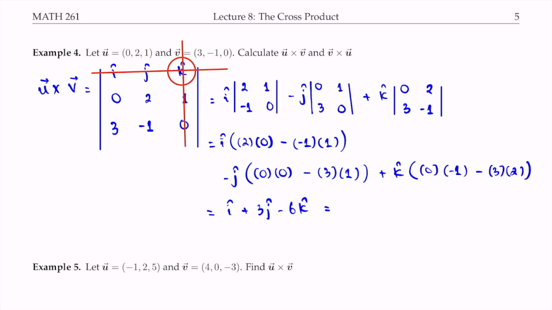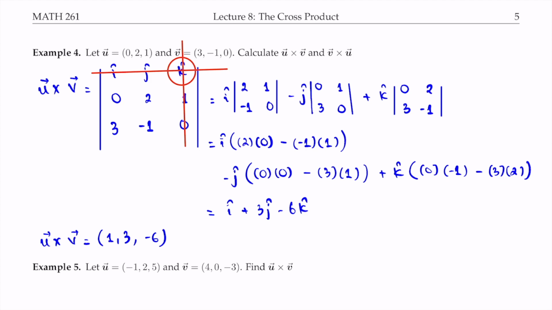You can rewrite this in terms of the component form as follows. So u crosses with v is equal to 1, 3, -6. You can either perform the calculations on v crosses with u, or you can use the anti-commutative property, where when you switch the order of the vectors in the cross product, you have the opposite value of the original cross product.